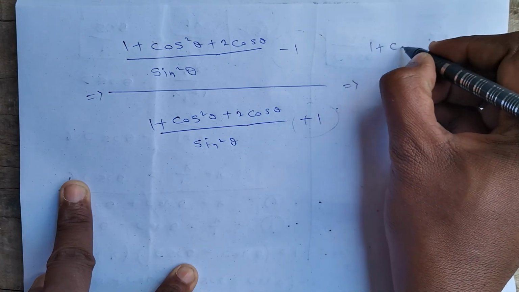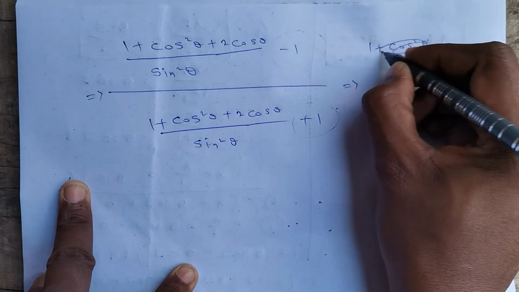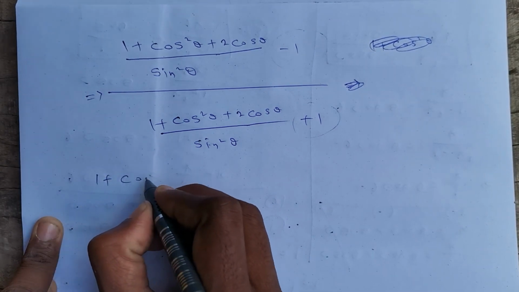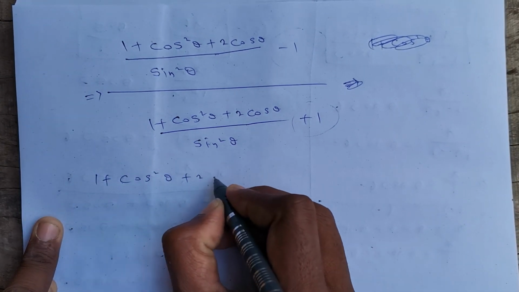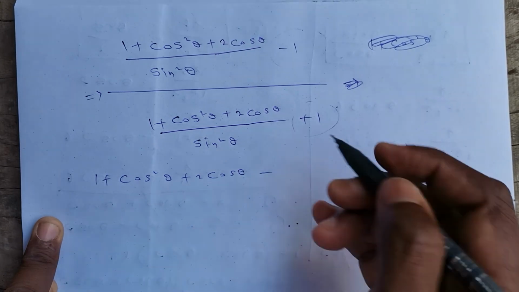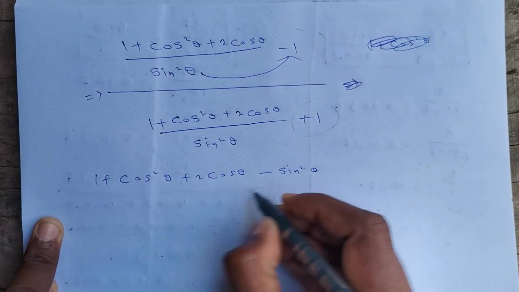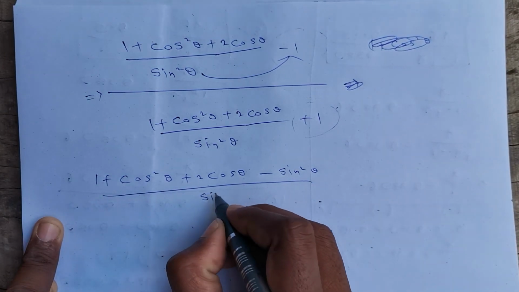1 plus cos square theta plus 2 cos theta minus sin square theta into 1 by sin square theta, whole divided by sin square theta.